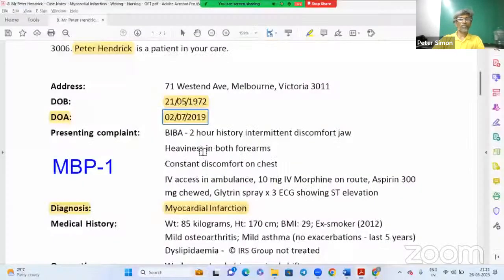Yeah, presenting, he was admitted with the complaints of, okay, emergency admission. Brought in by ambulance. A 2-hour history of intermittent discomfort of the jaw. So this one you can write.